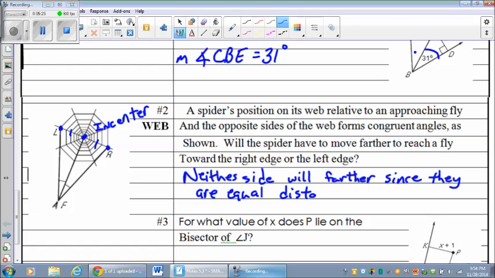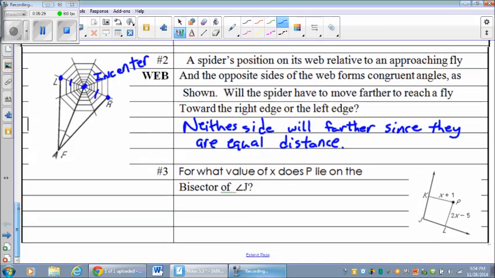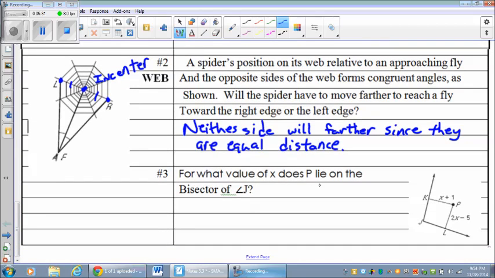Okay. On example 3, let me slide that up a little bit. For what value of x does P lie on the bisector of angle J? Well, for P to be on the bisector, it means these two segments have to be equal. So I'm going to set them equal to each other. So I have 2x minus 5 is equal to x plus 1.